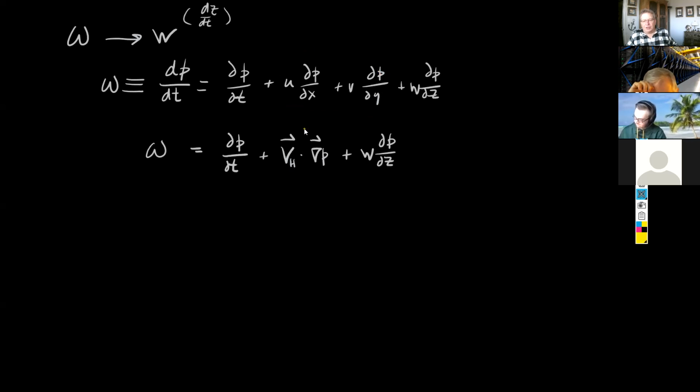What is this term? What do you call that? Del P. And when del operates, pressure is what kind of term? Scalar. When you have del operating on a scalar, what do we call that? Gradient. So we have a gradient, the pressure gradient.